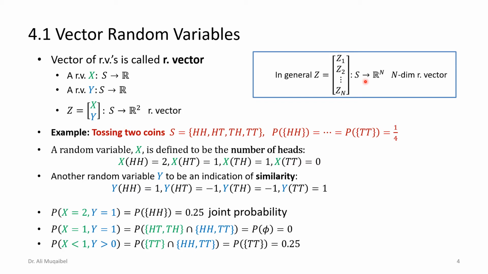Looking at the outcomes as a vector, as opposed to looking at individual random variables, will allow us to study how they are related. If we look at x and y individually, we don't know if they are related. But if we look at them as a joint random variable or as a vector of random variables, then we can understand how they are related together.